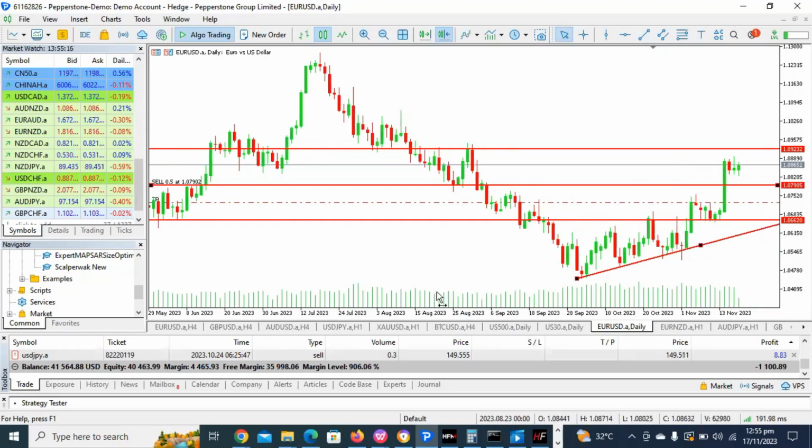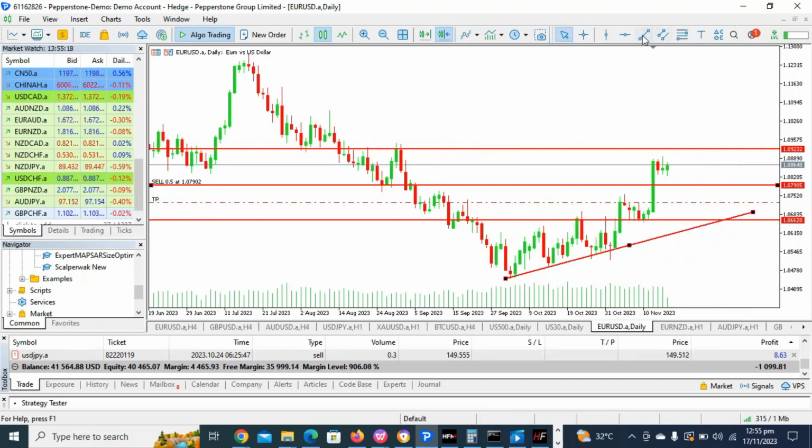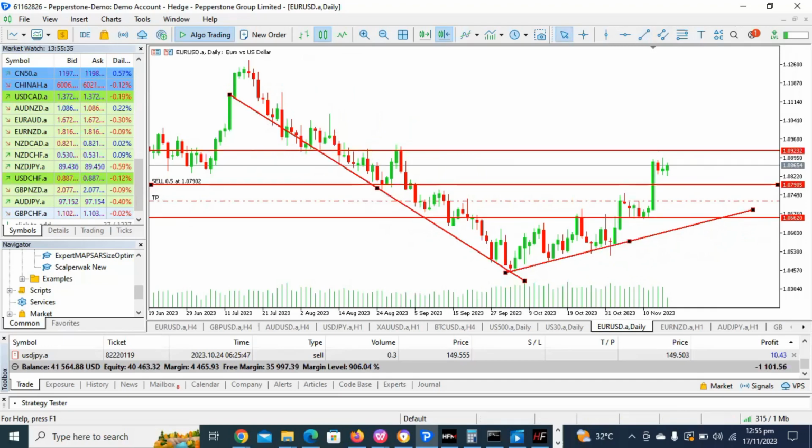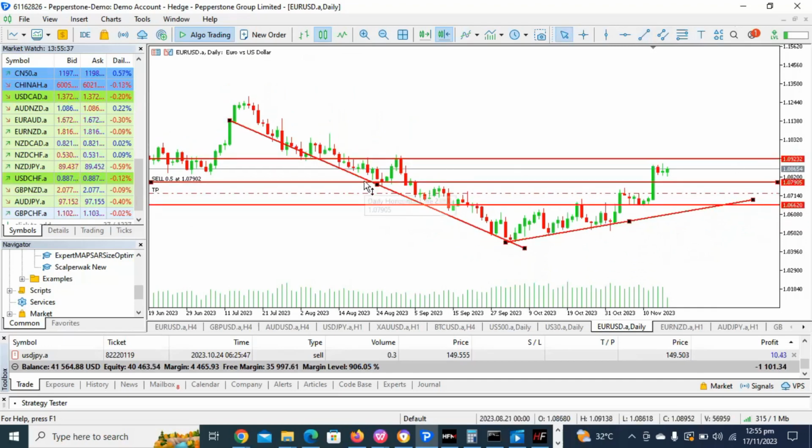But before that, we had a downtrend here. Price was gently coming down. Can you see that?